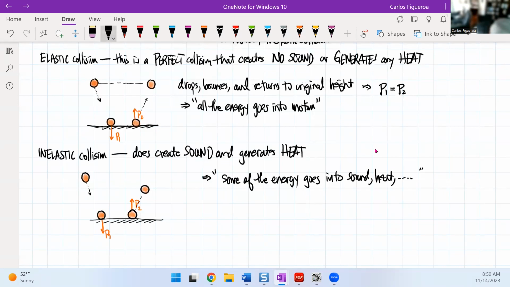The clearest thing is that you can see there is a height change. And therefore, there is sound, and the collision generates heat on the ground and also on the ball. This is an inelastic collision.